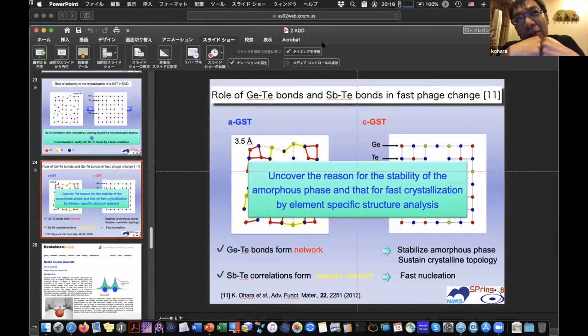But Chris Benmore and co-workers calculated the Bhatia-Thornton partial structure factor, and they concluded to rule out the void model by their analysis. So yeah, but I think void is very important. Okay.